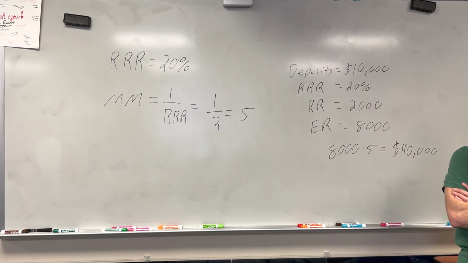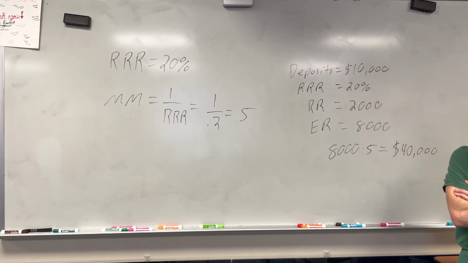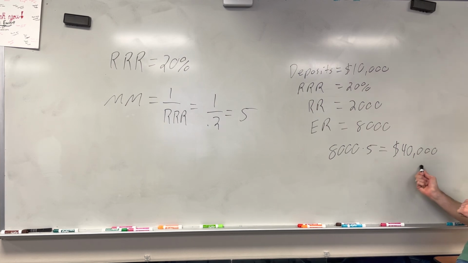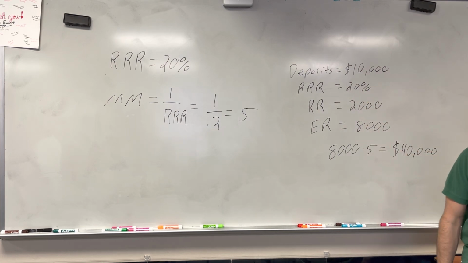Okay, if we just said 40,000, we would get it wrong because we'd be missing out on the original deposit. So how much did they increase by throughout the banking system? The answer would be 50,000. This money that's getting created is getting redeposited into the banking system, plus the original $10,000 deposit, right? So therefore, demand deposits have increased by 50,000.